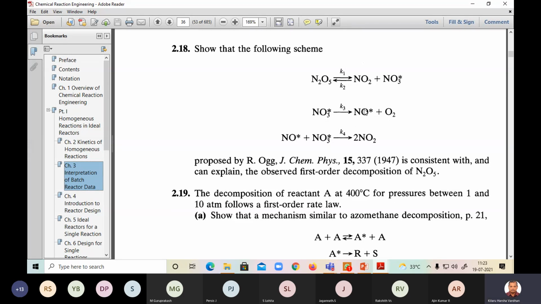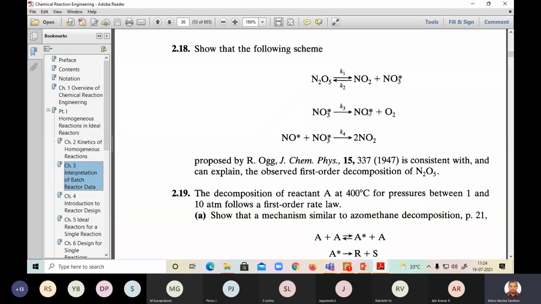When you are doing the intermediate, again it will come in terms of one more intermediate because of the scheme. So again you have to do appearance and disappearance of NO. Then you get one constant that you have to substitute in this NO3. Once you substitute in NO3, NO3 will come as a constant that you back substitute here. Then you will get the final form.